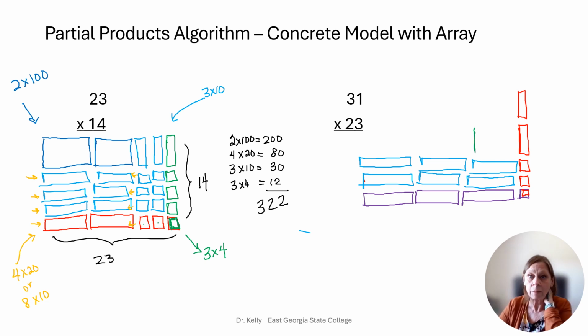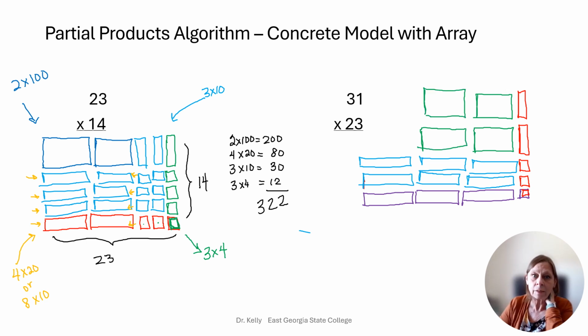A long times a long makes a flat. So we'll draw in our flats here to finish up our rectangular array. And you can see how this would work really well with the actual physical blocks too. You're literally building it and making it.